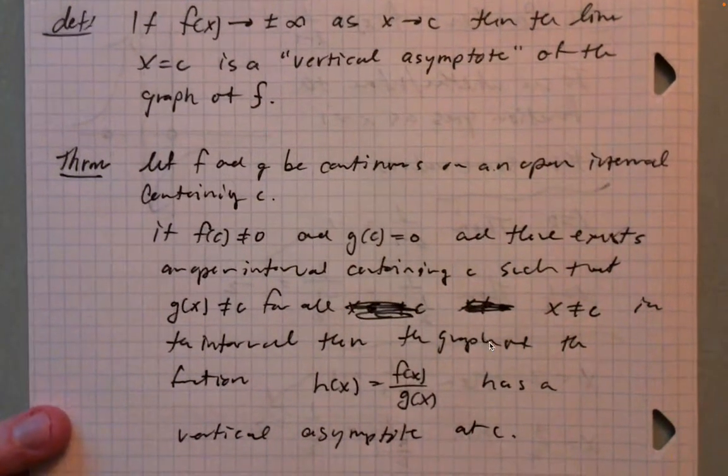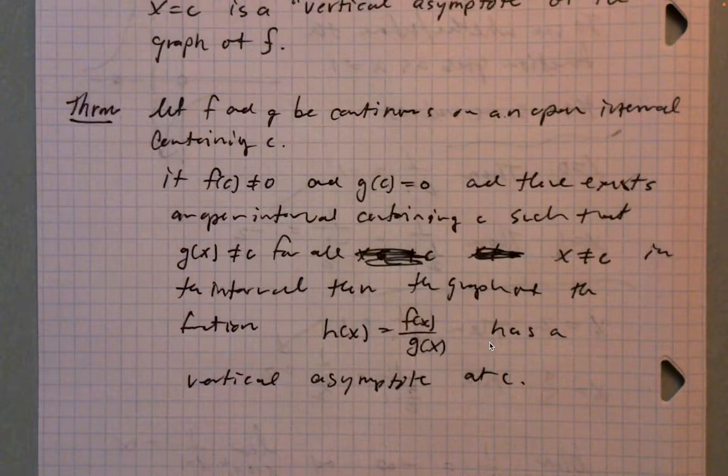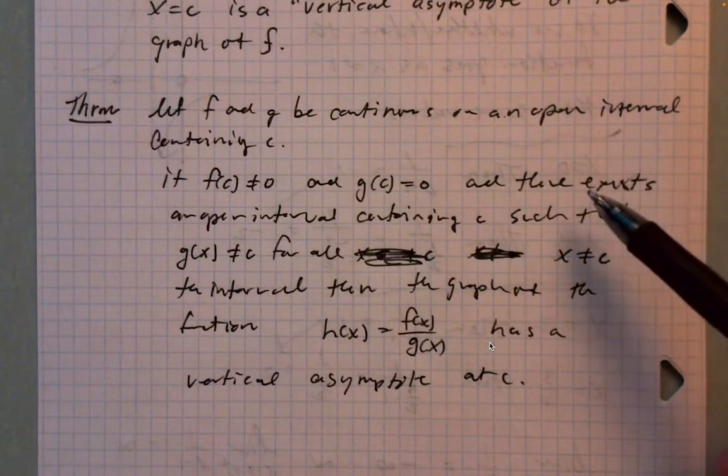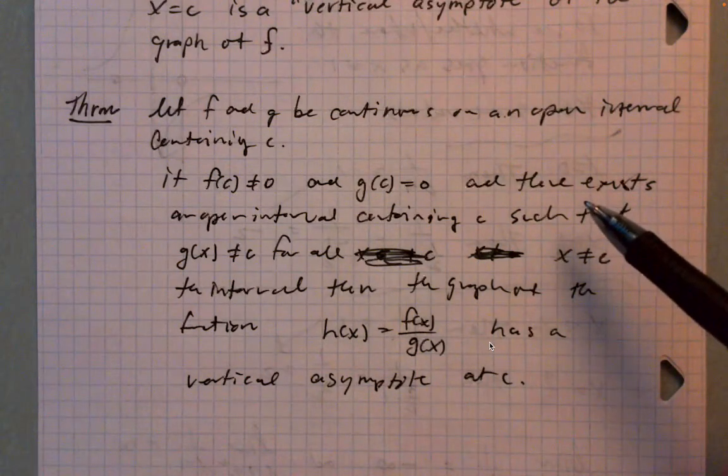Okay, so let's talk this through. This is a kind of a wordy one. Let f and g be continuous on an open interval containing c. All that's saying is that you've got x equals c, some number on the x-axis, and two functions, f and g, both of which are continuous around c.